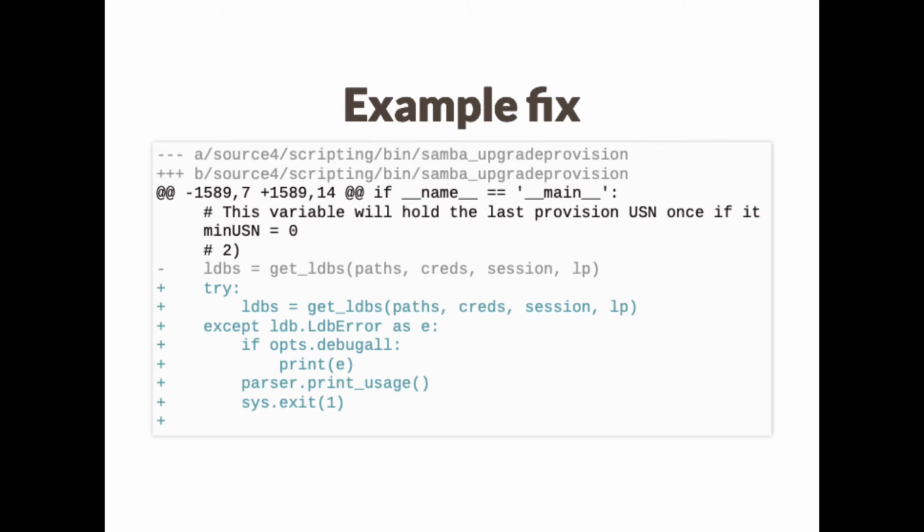This is an example, the getLDBs was failing because it didn't have the creds because there was no -u or whatever, the params weren't there. And so that's the place where it fails if you give it no arguments, and then so fix it. And I think some of the things actually try and do their thing if you give them no arguments.